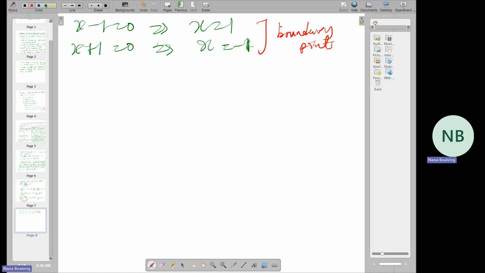All right, so next we put these on a number line to pick our test points. So this is 0, this is 1, 2, 3, and this is negative 1, negative 2, negative 3.